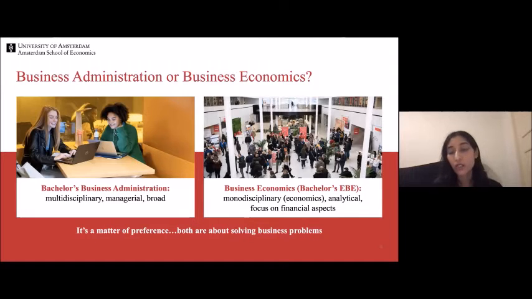Business economics, or having a bachelor's in EBE, on the other hand, focuses a bit more in a monodisciplinary sense. The focus is more on economics, and you will learn a lot of theories and think in an analytical way. And if you're choosing a major in business economics, then the focus is on financial aspects.